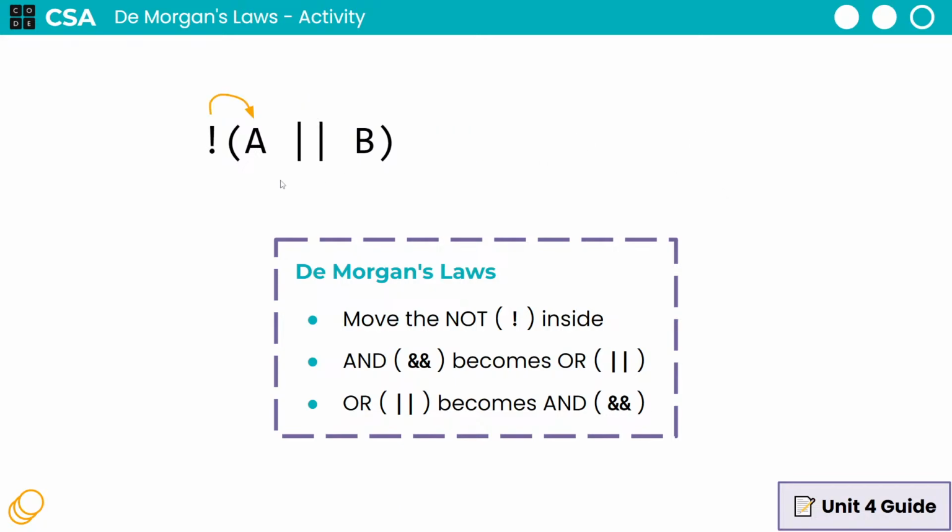If we did this with an or statement, if it's not (a or b), we move the not to the or, and that's going to make it and. Then we apply the not to the b statement, so it's not a and not b.